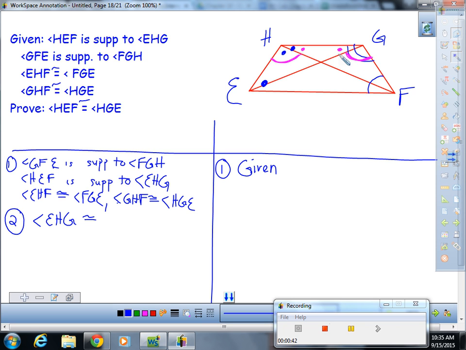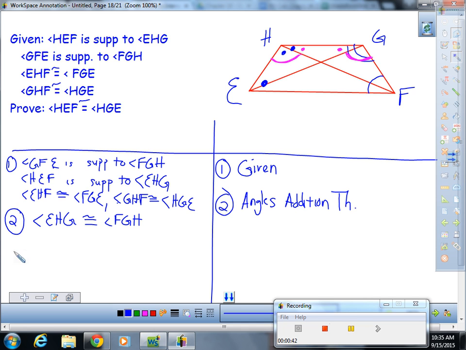So angle EHG is congruent to angle FGH. Now, what I just did there was I took two angles that were congruent, the one with the pink swoosh, and I added two other angles that were congruent to that one, the one with the pink dot. So that is angles addition theorem. Okay?